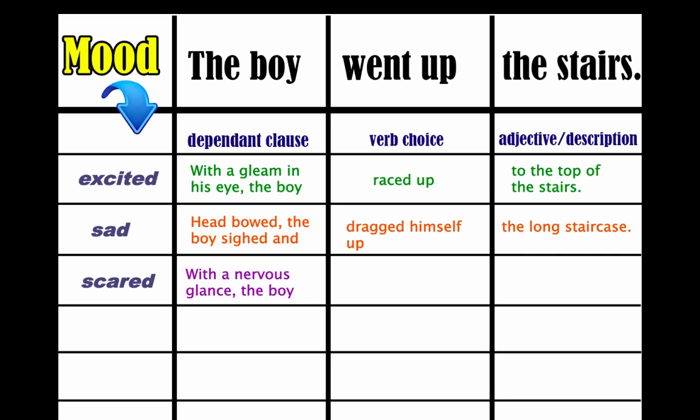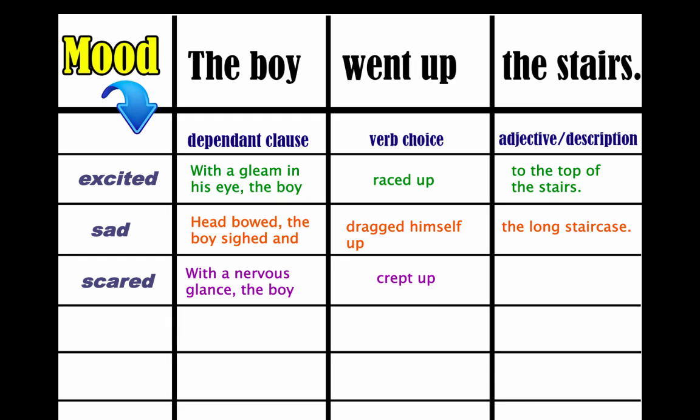But I'm going to use with a nervous glance, because if somebody's very scared, maybe they think someone's in the house, you're looking around nervously, aren't you? Especially when you think about a staircase and maybe you're going up and you don't know what's up there. You're going to be looking around.